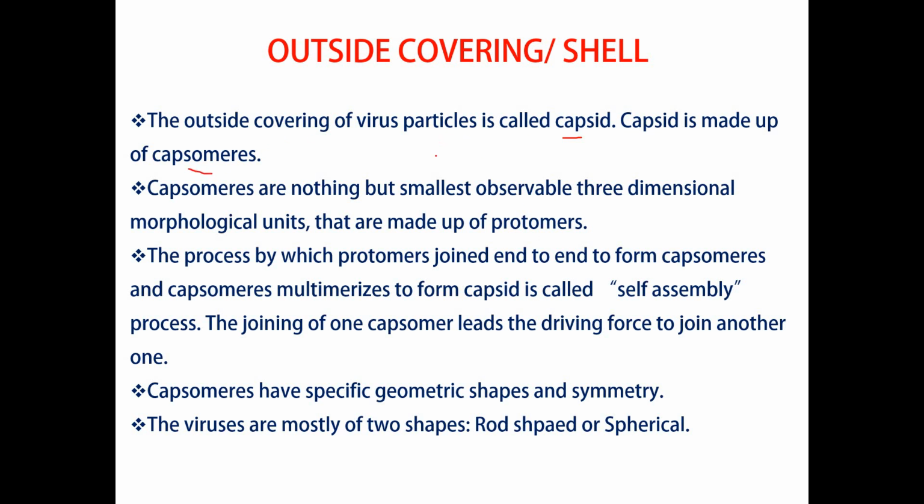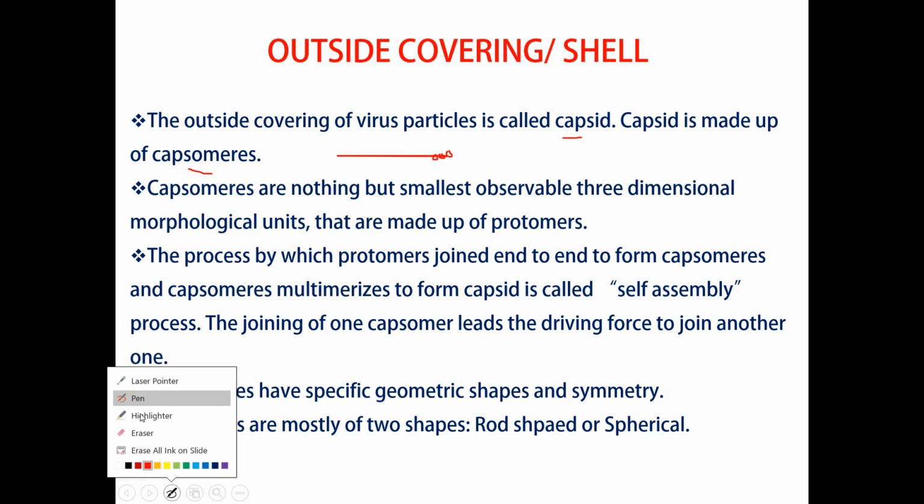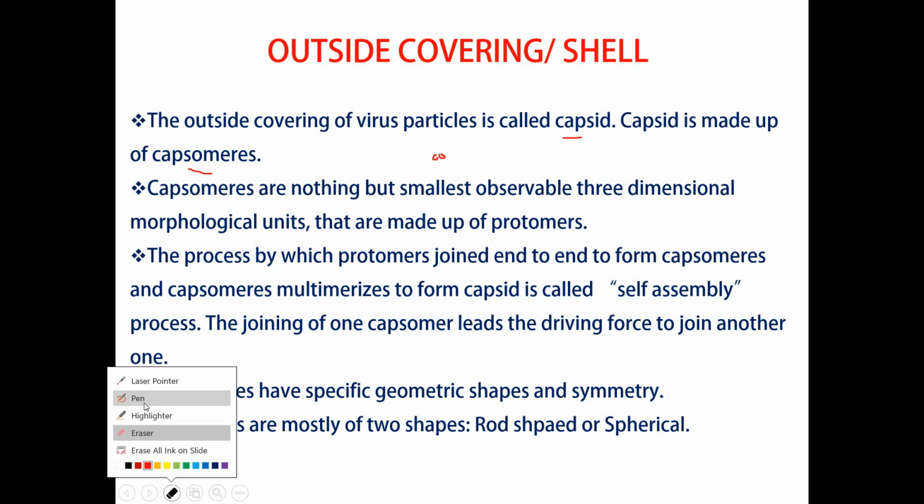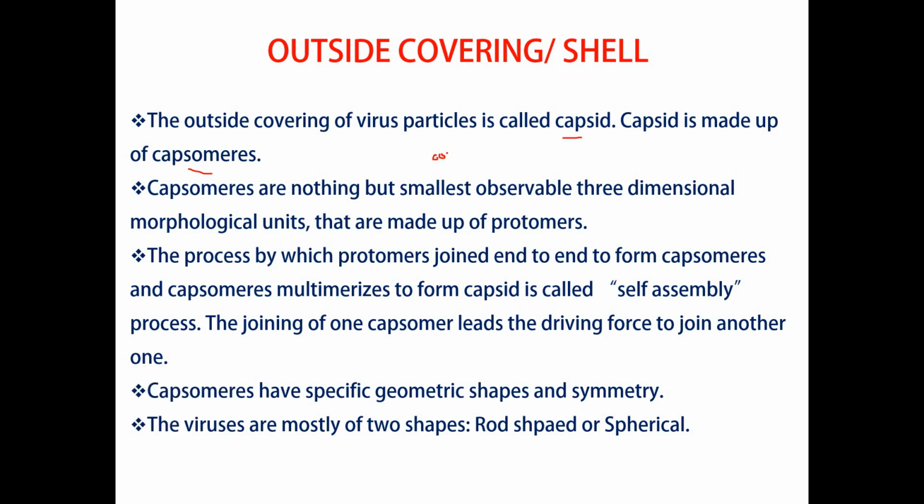Capsomers are nothing but the smaller units which multimerize with one another to form the capsid structures. So these smaller units are the capsomers, and the capsomers are joined with one another to form the capsid.